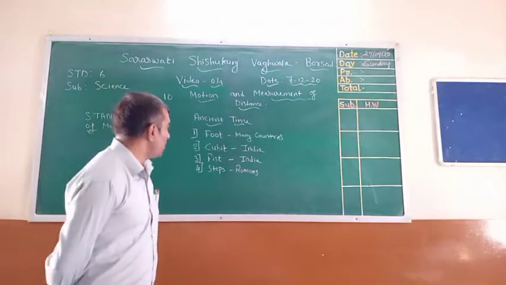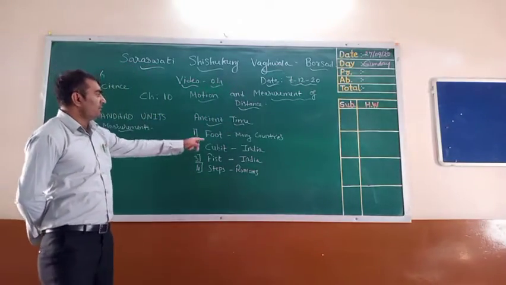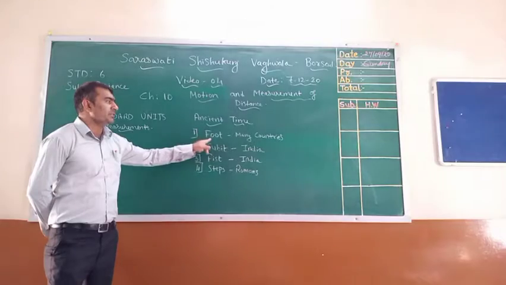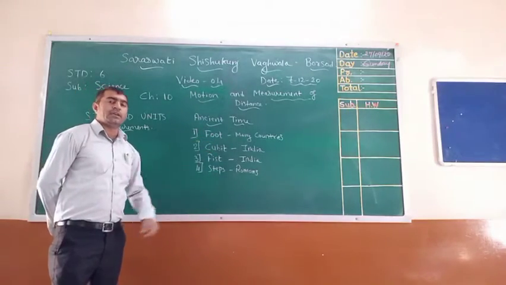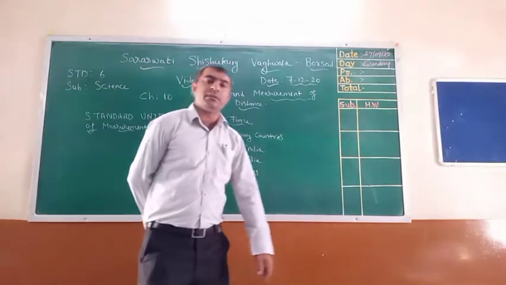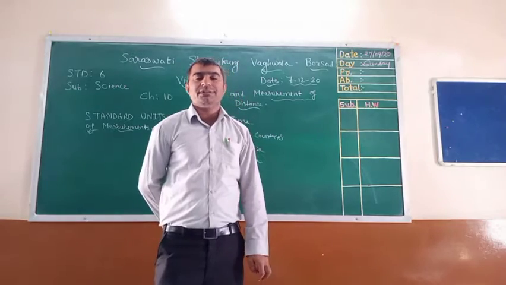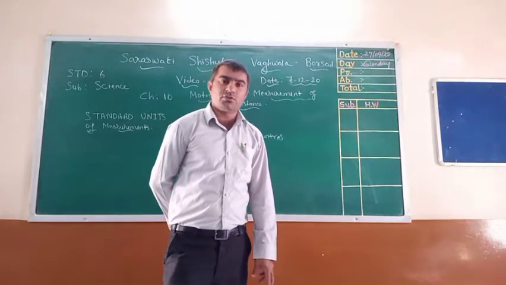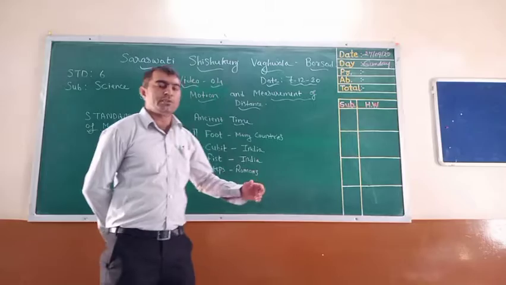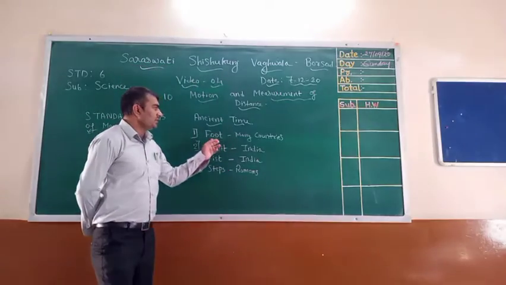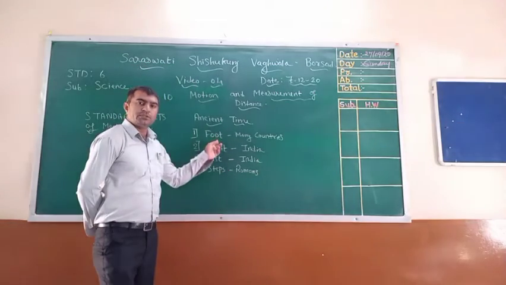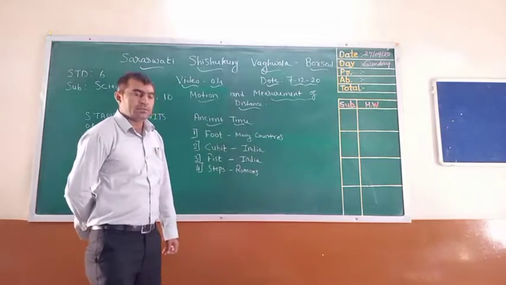So if we talk about foot, foot is most commonly used in ancient time. It is used in many countries because in ancient time the standard scale was not there. So people used foot to measure any object length, right?